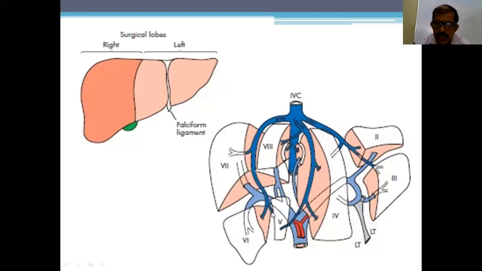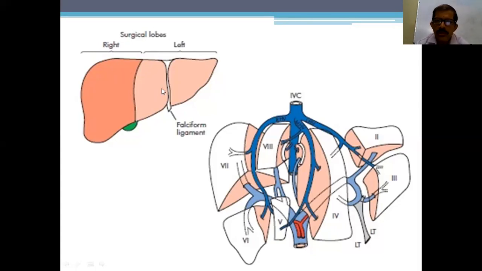That is one. The second thing is the direction of the flow. You can see it is directly going from the portal vein to the seventh segment. So there is enlargement of the seventh segment. That's why there will be enlargement here, and the X-ray shows elevation of the diaphragm.